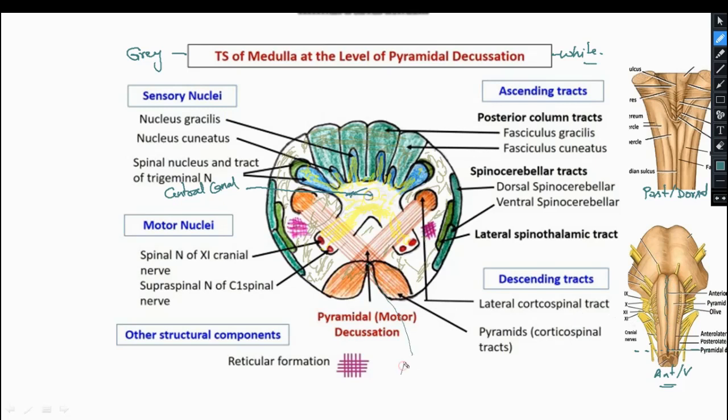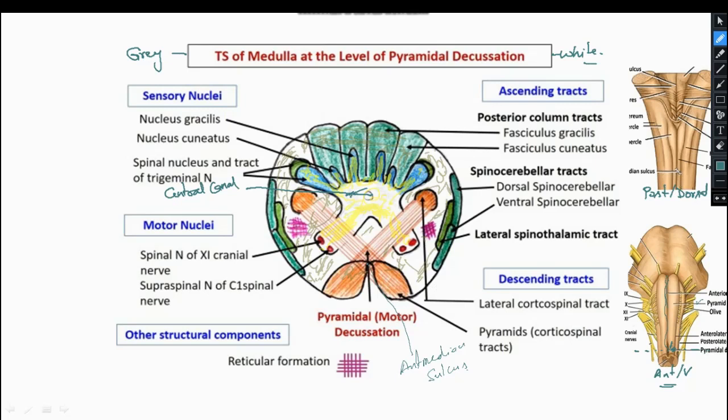So this is the anterior median sulcus. We have seen this pyramid here. This is the pyramid, so the pyramid is here, right and left, both sides.